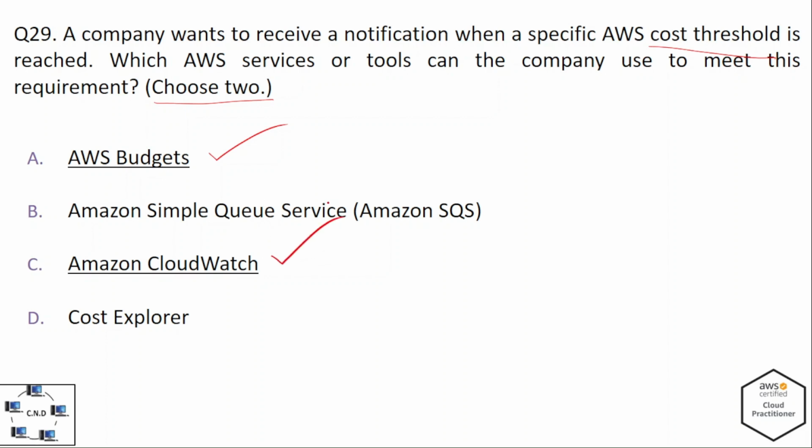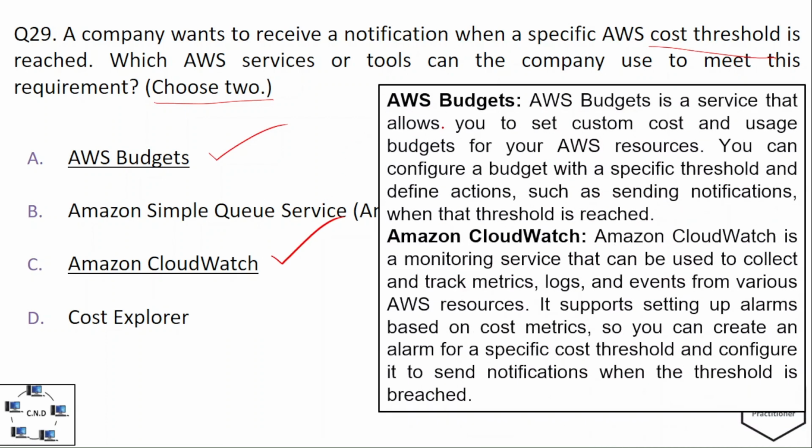Amazon CloudWatch. So why are these two options correct? This is the explanation. AWS Budgets is a service that allows you to set custom cost and usage budgets for your AWS resources. You can configure a budget with a specific threshold and define actions, such as sending a notification when that threshold is reached.